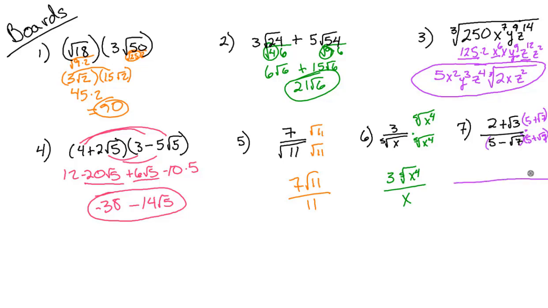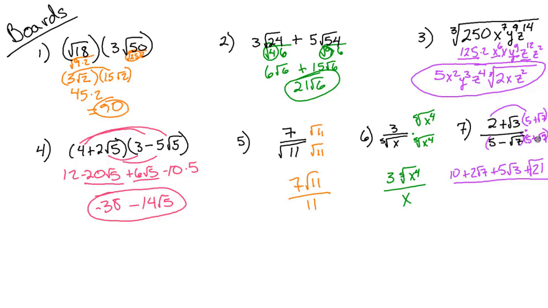So on the top, it's a problem just like what we had in number 4. We get 10 plus 2 square roots of 7 plus 5 square roots of 3 plus the square root of 21. Huh. That didn't simplify or come out at all, but alrighty.